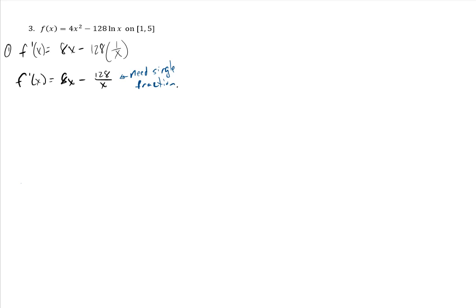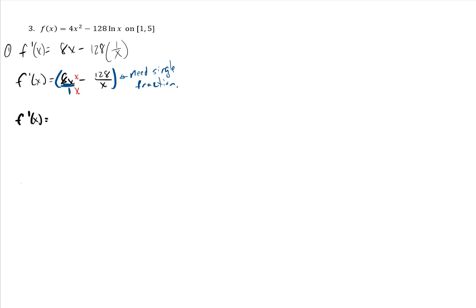Okay, and that 8x is really over 1. So that means all I have to do is multiply the bottom by x and multiply the top by x. It doesn't look the best right now, but let's fix it.